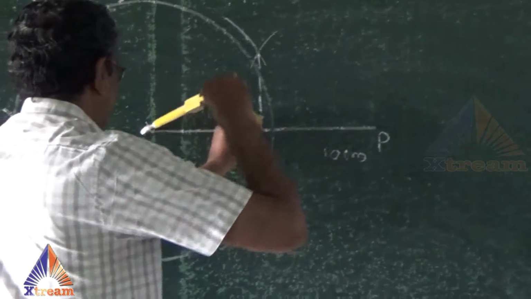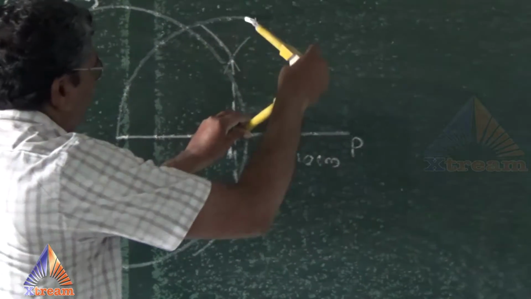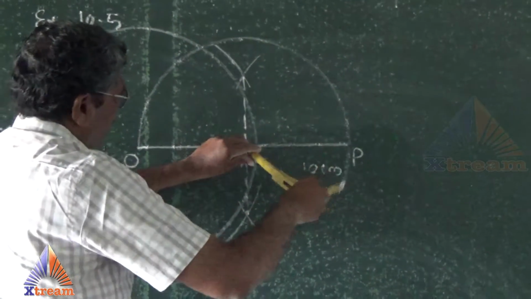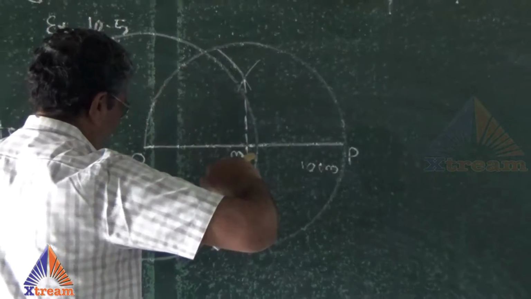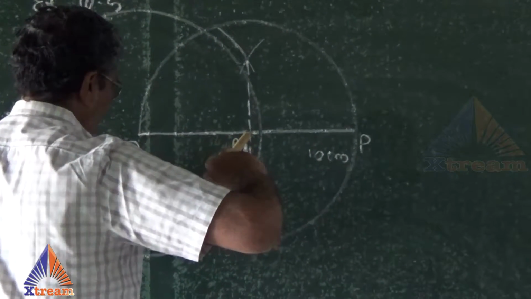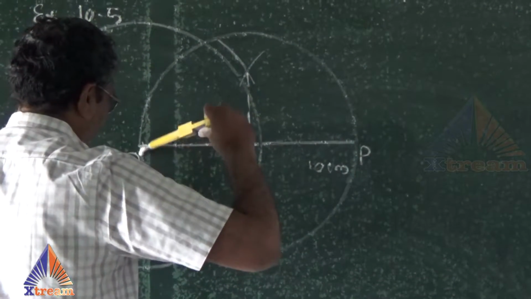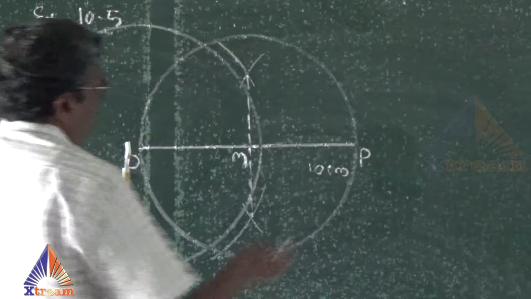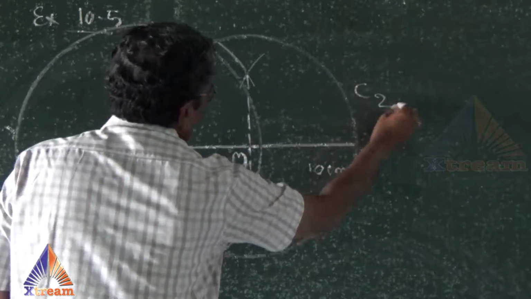So you can draw the line. That is the C2 circle, of radius 5 centimeter.